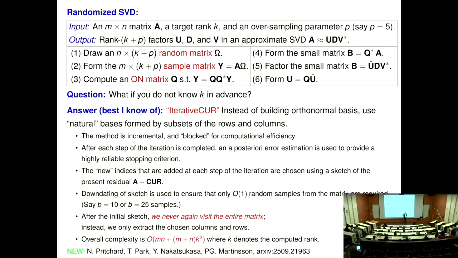You pick 20 new rows, 20 new columns, and you play this game repeatedly. And this, it turns out, works very well. It is faster than the randomized SVD. It is adaptive. It is completely reliable because you can use these a posteriori error estimators. And yeah, I really don't know why it took us 20 years to figure this out, but it did.